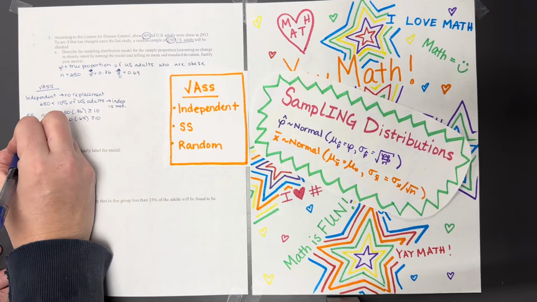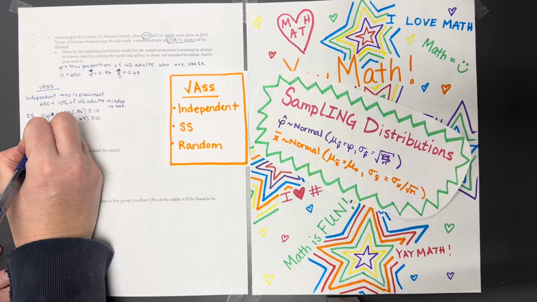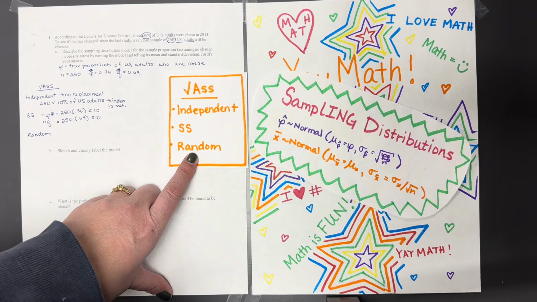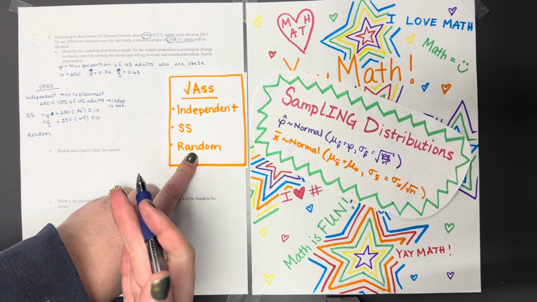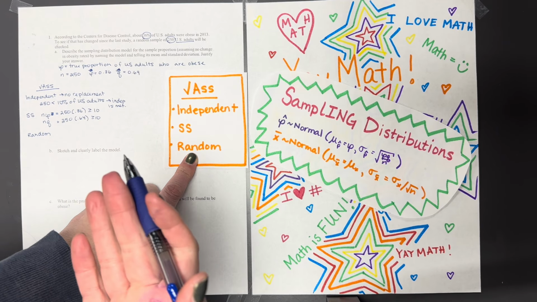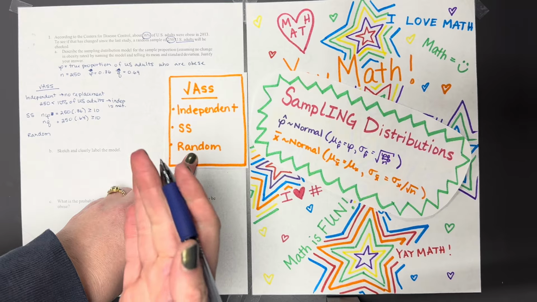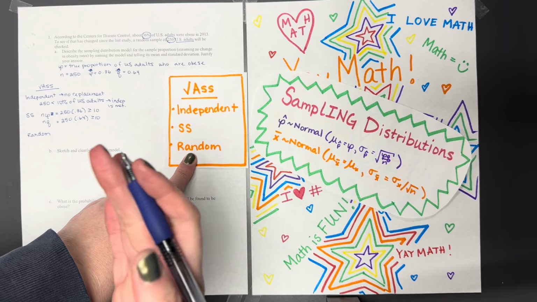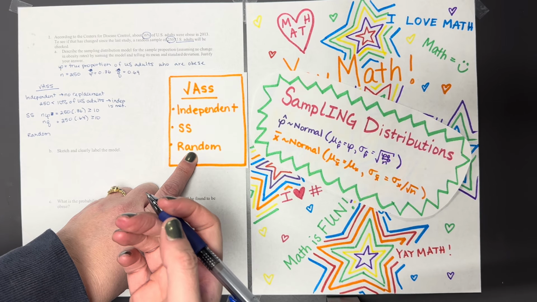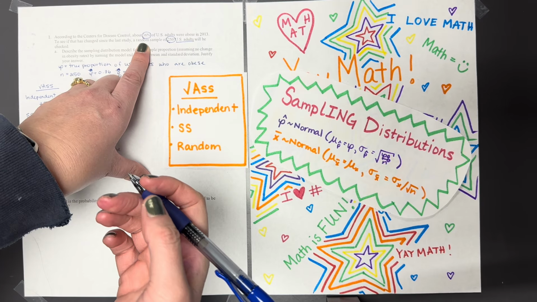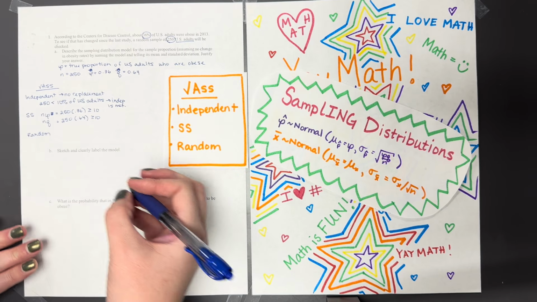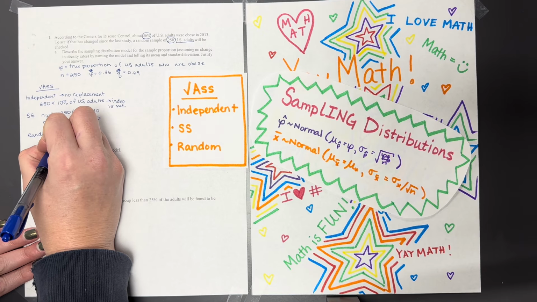The next thing I need to check is random. When we're talking random, we either need a random sample. If we don't have a random sample, we're hoping it is representative of the population, or we need random assignment to treatment if we're dealing with an experiment. In this case, we are told we have a random sample.